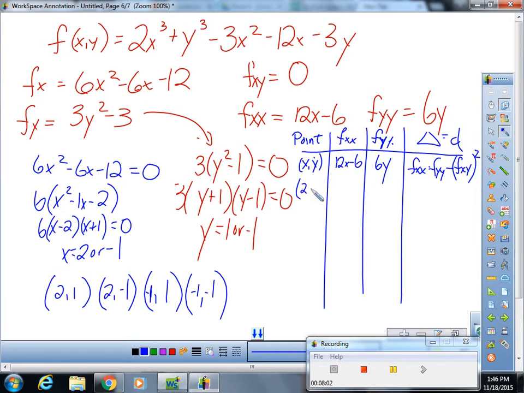2, comma 1, 2, comma negative 1, negative 1, comma 1, and negative 1, comma negative 1. All right, so this is 24 minus 6, that's 18. This is 24 plus 6, right?